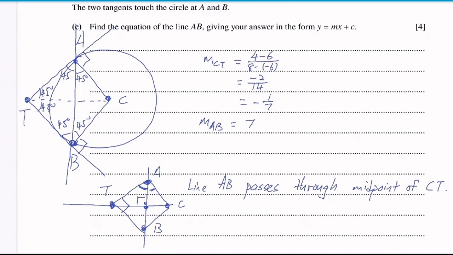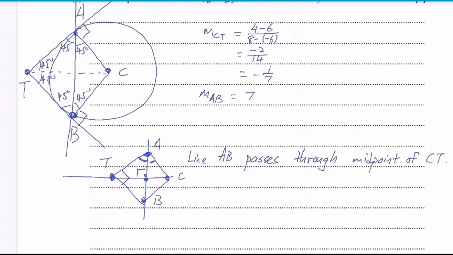Okay, so if you find out the midpoint of the CT, let's say we let G be the midpoint of the CT. So we find out what is the G there.